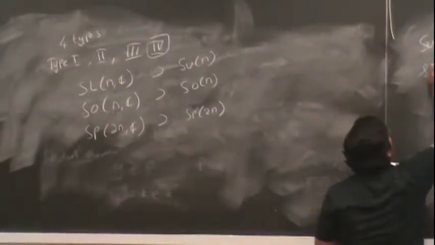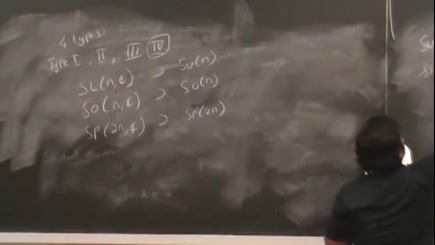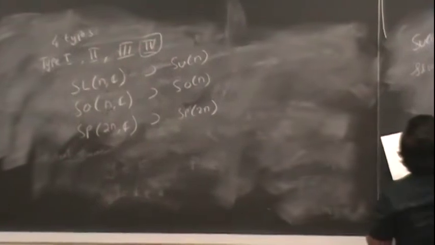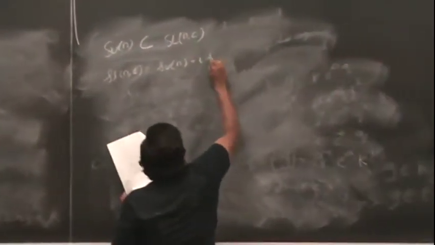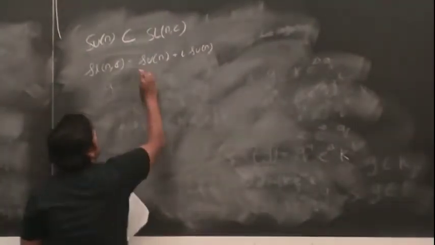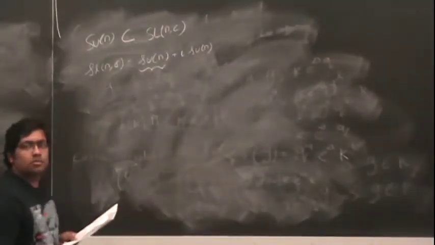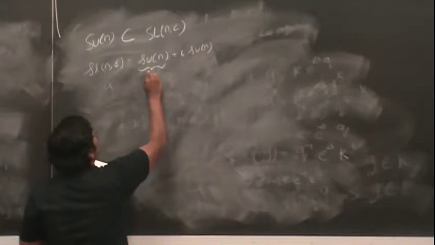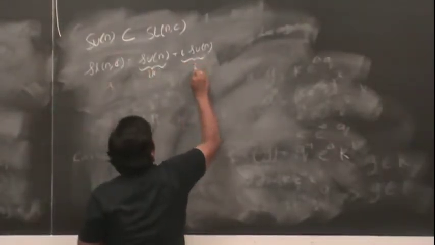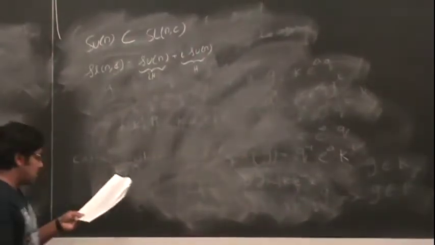The algebra sl(N,C) is actually su(N) plus i times n, where these are the anti-Hermitian matrices, and these are the Hermitian part.